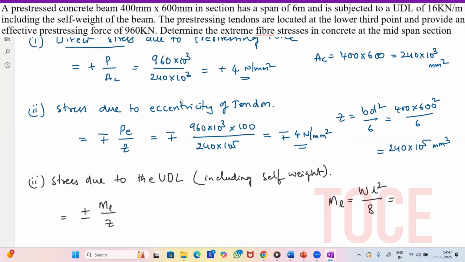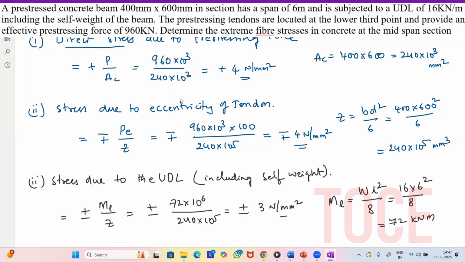So w, how much? It is 16. L is 6, divided by 8. So it will be 72 kilonewton meter. Okay. Let us substitute. M is 72 into 10 to the power of 6 Newton mm, divided by section modulus 240 into 10 to the power of 5. So it will be plus or minus 3 Newton per mm square.